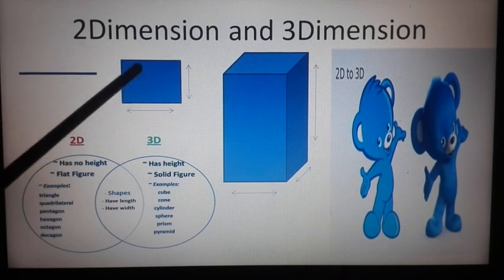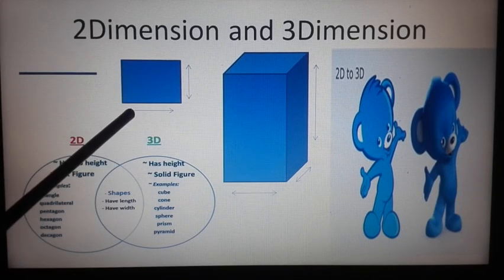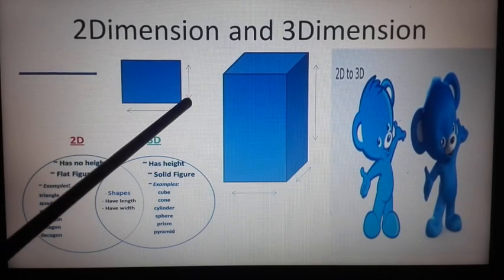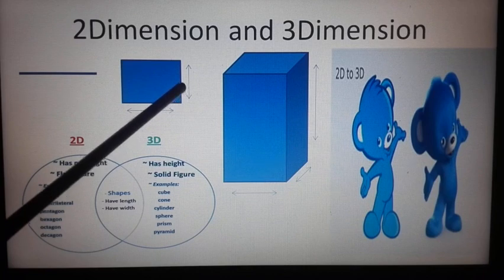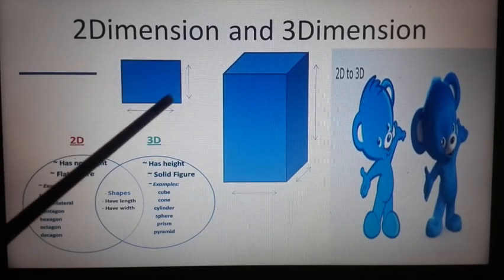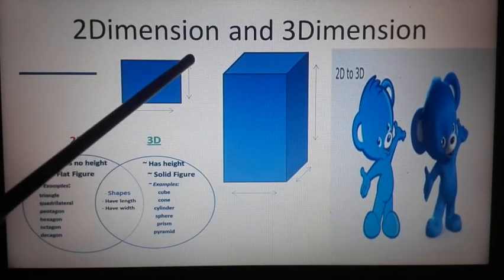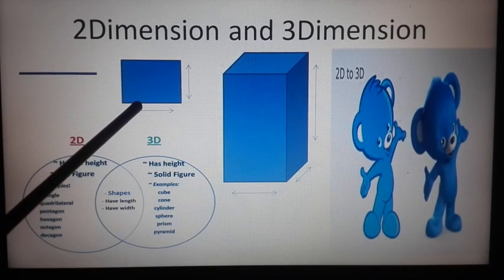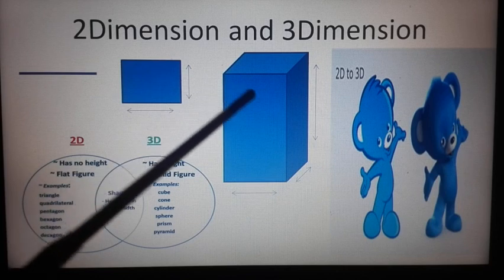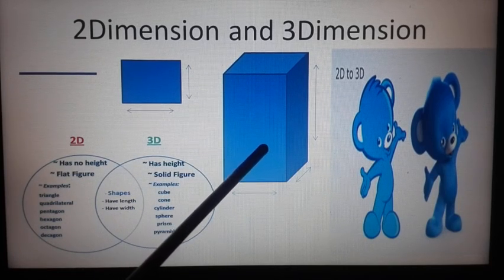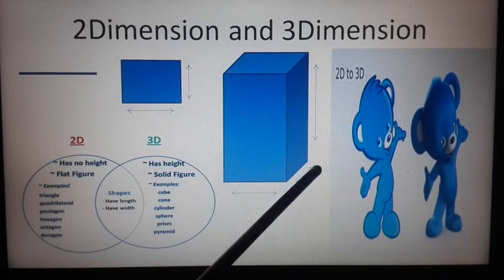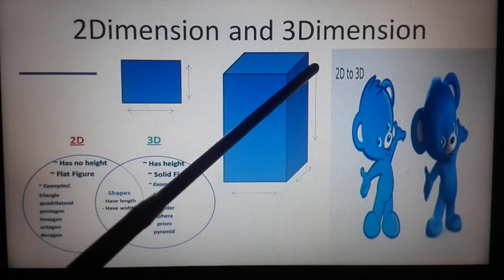In the next one, it's a plane figure, and this figure has length and breadth or width. When you want to draw a plane figure, you will measure the length and breadth. This is a 2-dimension figure. When you move to this one, it's a solid figure and it has length, breadth and height also.